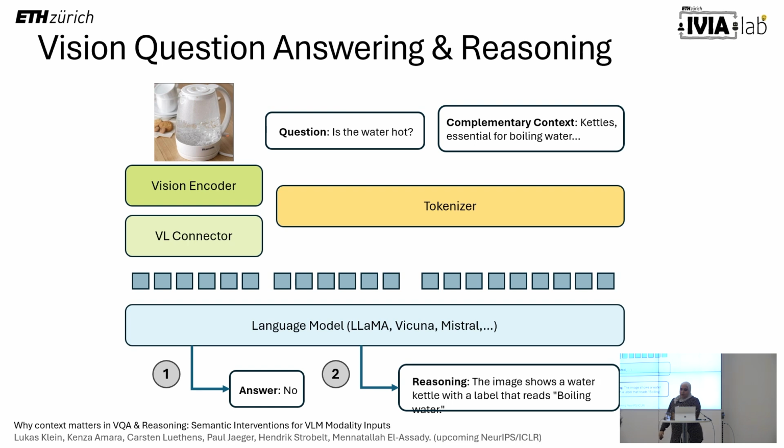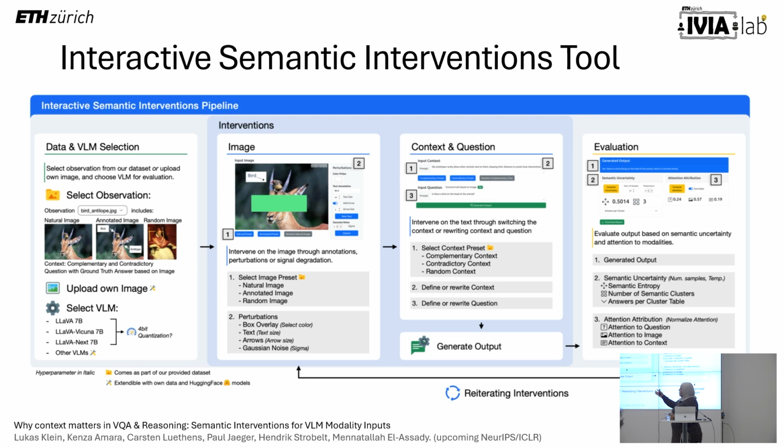So our model has a vision encoder, and it learns basically the alignment between text and images to do question answering and reasoning. And what we developed is an interface that allows us to do a lot of different experiments, for example, perturbing the image and taking away some of the features that might be relevant for the actual prediction, or adding some labels to the image, to try to figure out what the model actually cares about in this multimodal setup.